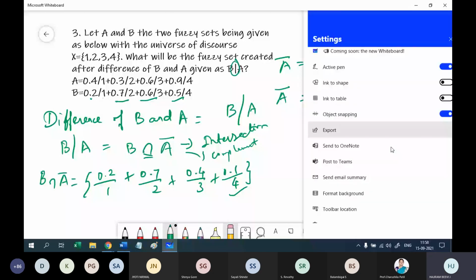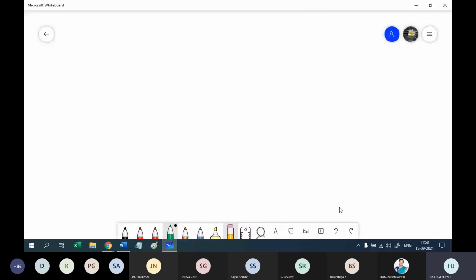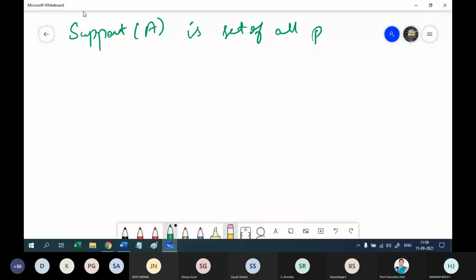So the next important terms in the fuzzy set are support and core. The definition is: support of A is the set of all points x in capital X such that the membership function of A at x should be greater than 0.